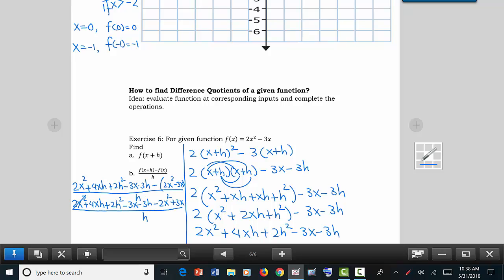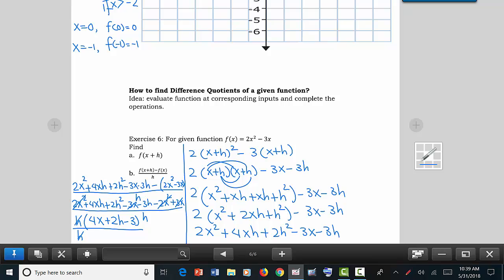2x squared cancels out. 3x also cancels out. Now on the top we do have 3 terms left, and among them h is common. h we can factor out. If we factor h out, here we are left with 4x, here we are left with 2h minus 3, divided by h.